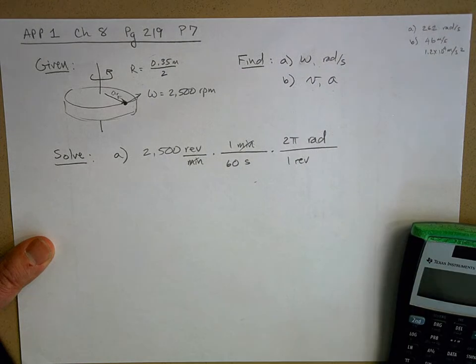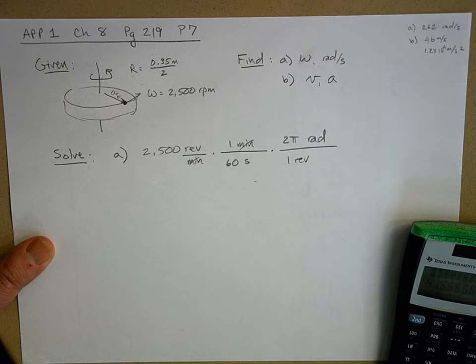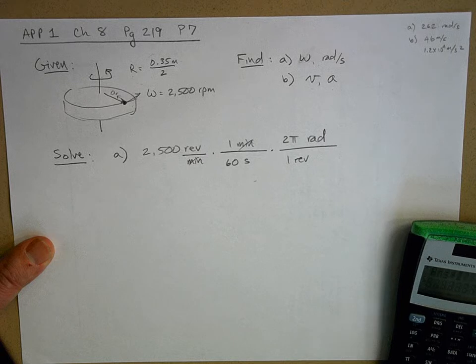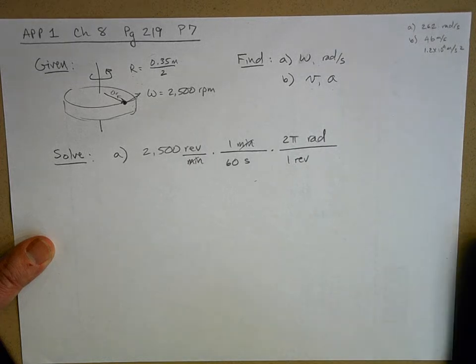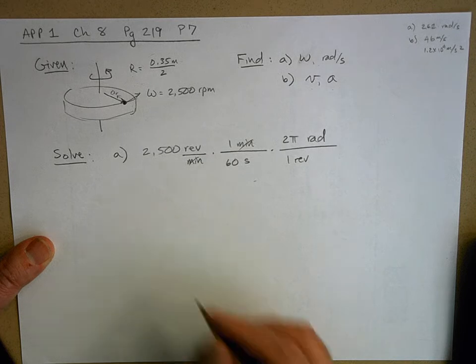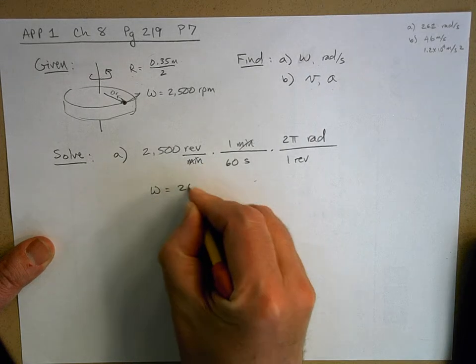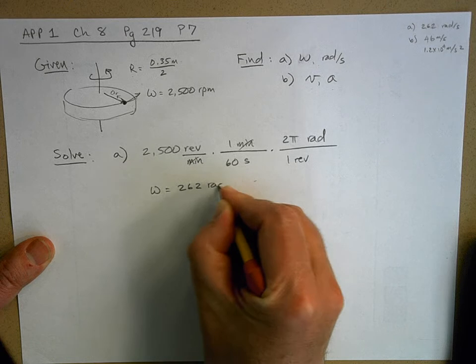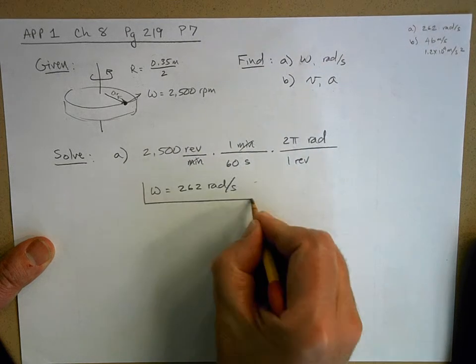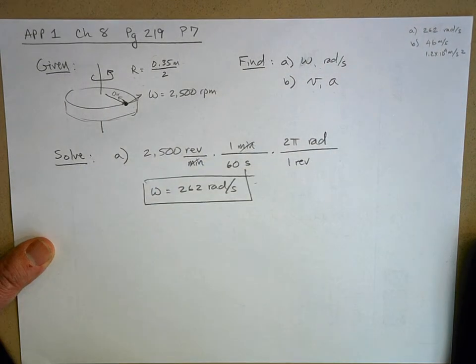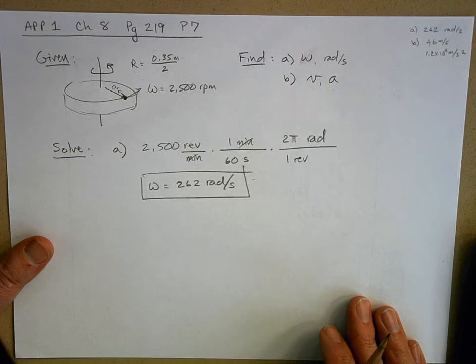So I go like this, 2,500, divide that by 60, multiply that times 2 times pi, and you get 262. So omega equals 262 radians per second after you do the unit conversion. That's just a unit conversion on that.